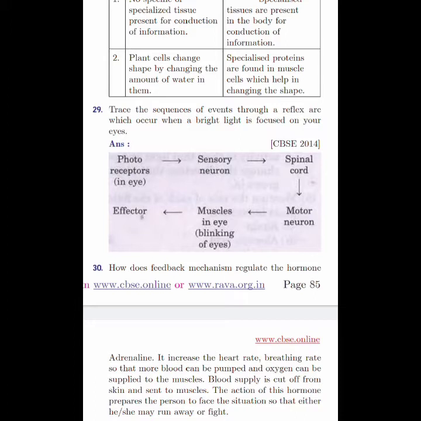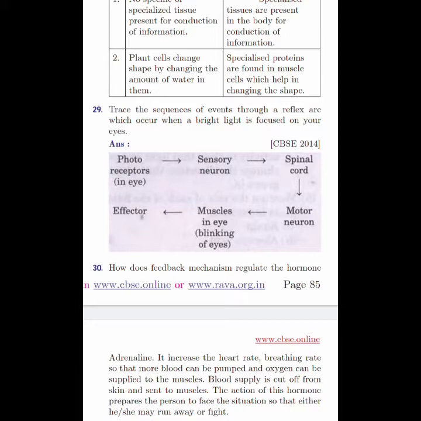Next is, plant cells change shape by changing the amount of water in them. So they are going to change the shape by changing the amount of water in them. Whereas in case of animals, specialized proteins are found in muscle cells which help in changing the shape. So there are a few muscle cells which change the shape. Okay. So trace the sequence. Next question.